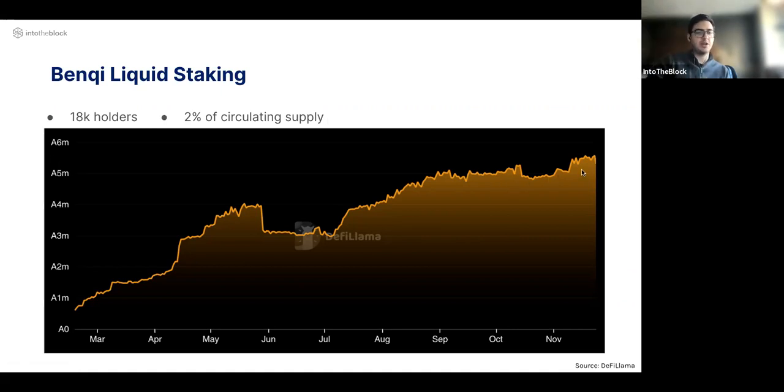It's also been integrated into Benqi, which can be used to borrow against it, as well as in Aave or in Trader Joe, for those who are looking to provide liquidity in the AVAX pool. It's also a good way to get market neutral yields on AVAX tokens.